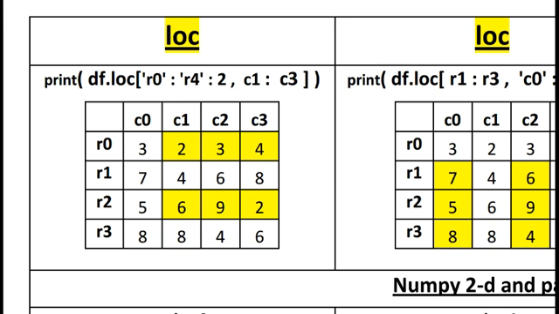So in R0, 3 2 3 4 is included, 7 4 6 8 will not be included, 5 6 9 2 is included, and 8 8 4 6 is not included. So this is r0 colon r4 colon 2, and this is our result.